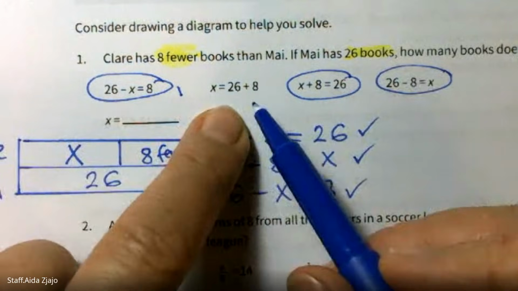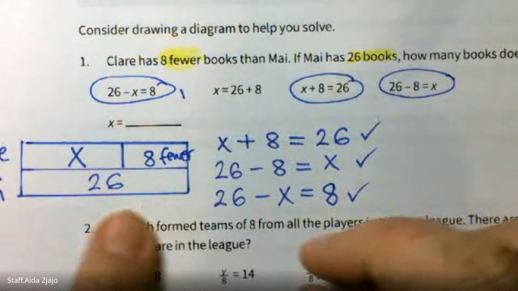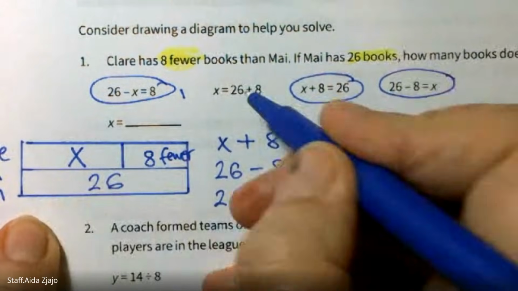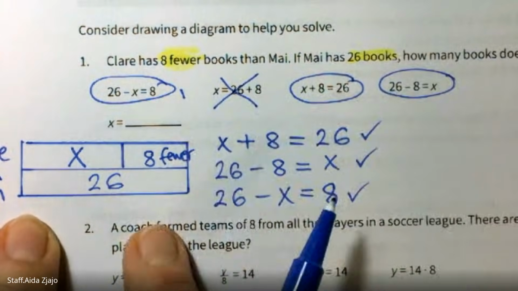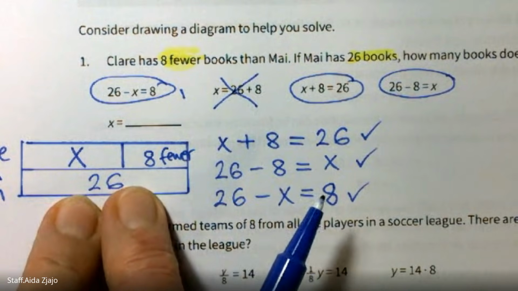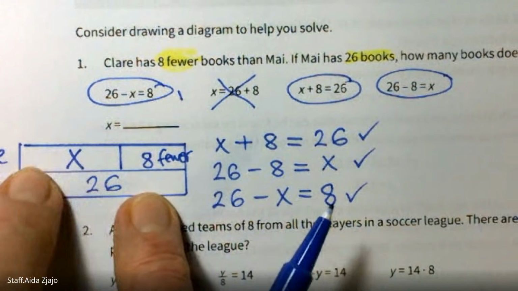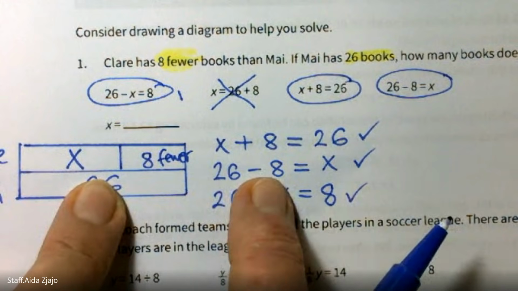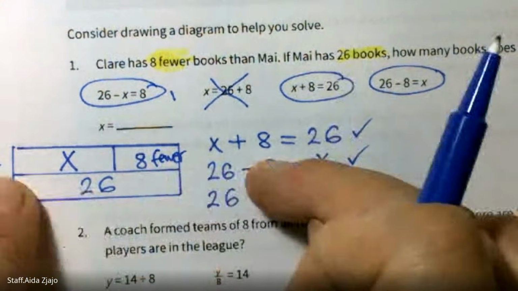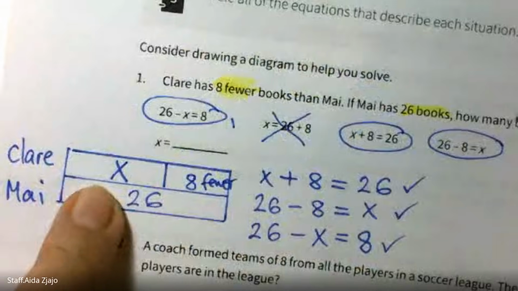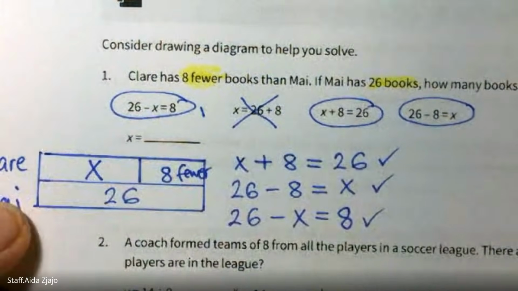What doesn't work is x equals 26 and 8 more, because the bar will be much bigger if that is the case.